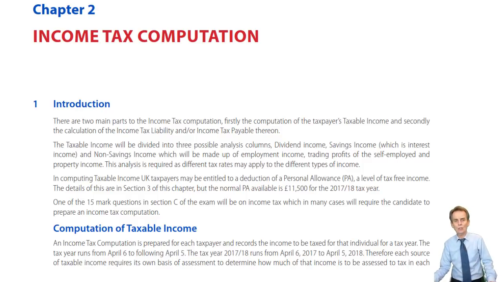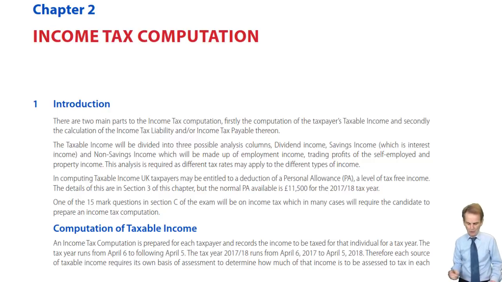In relation to this, therefore, our first task, as we said, on the income tax computation was to establish the amount of taxable income. You can see in the introduction how we make this point. Two main parts to the income tax computation here. The computation of the taxpayer's taxable income.